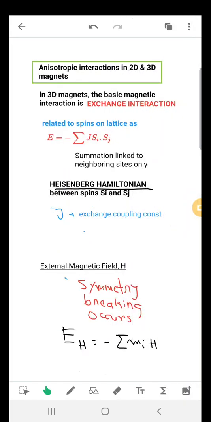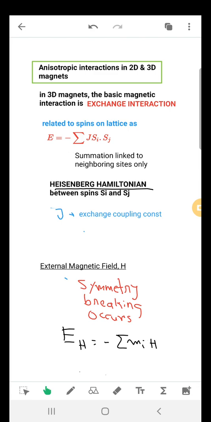Now coming to the anisotropic interactions in 2D and 3D magnets. In 3D magnets, the basic magnetic interaction is the exchange interaction, related to spins on the lattice, that is the summation of J S_i S_j over adjacent interactions. This is the Heisenberg Hamiltonian between spins S_i and S_j, where J is the exchange coupling constant.